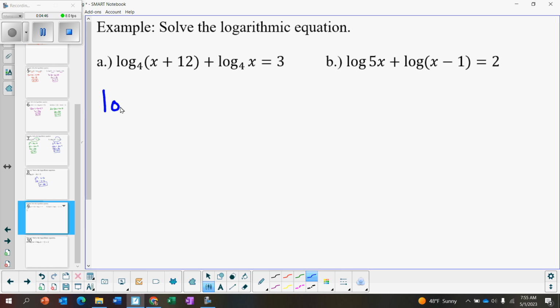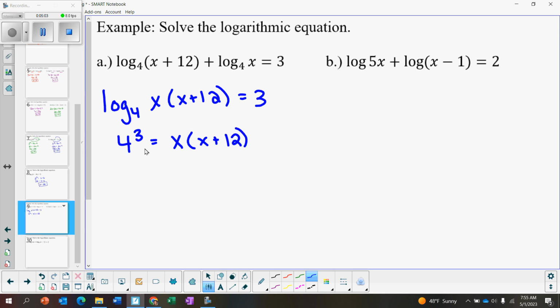So this is log base 4, I'm going to put this x first, x times x plus 12 equals 3. And now I can do 4 to the 3rd power equals x times x plus 12. 4 to the third is really 64. And x times x plus 12 is x squared plus 12x.